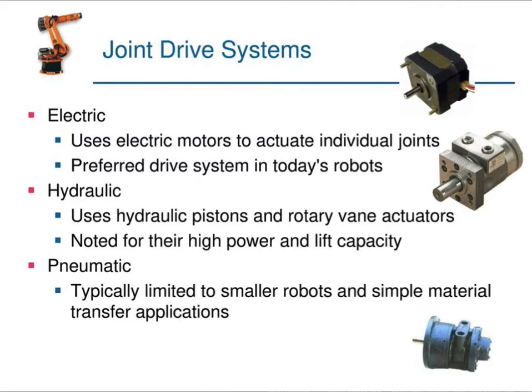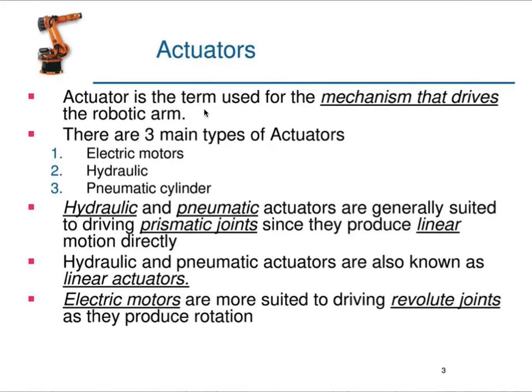Next, the actuator is the term used for the mechanism that drives the robot arm. There are three main types of actuator, that is electric, hydraulic, and pneumatic, as we saw.